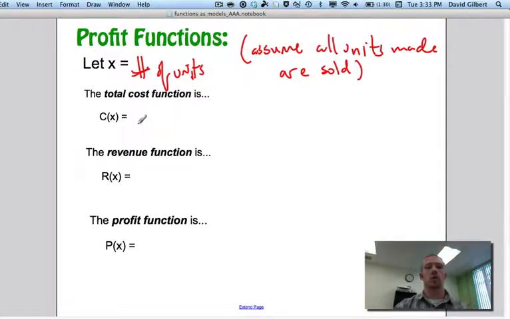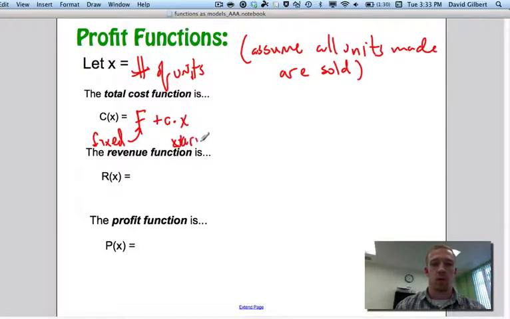So the total cost is going to be the fixed cost plus some cost per item times x. So this is our fixed cost, and then this is the variable cost. It's a variable cost because it varies depending on how many things we make.